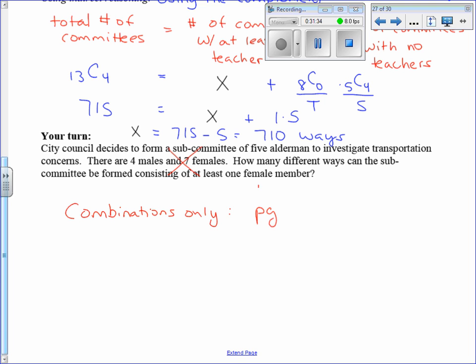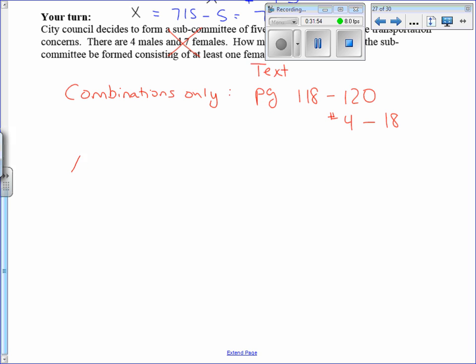These are all from the text. Page 118 to 120, question numbers 4 through 18, for all counting methods.